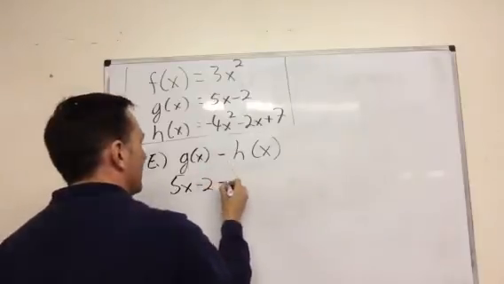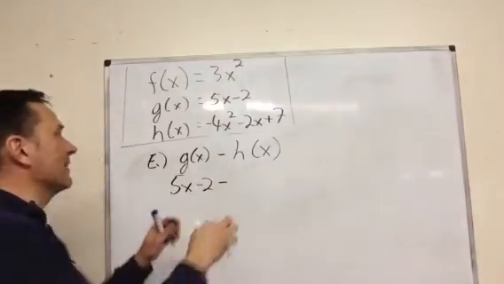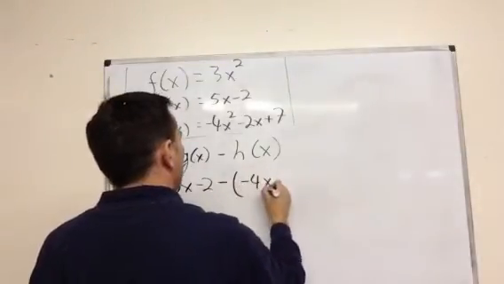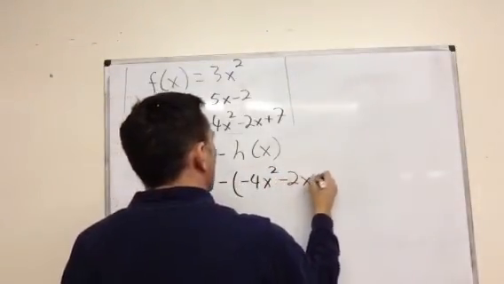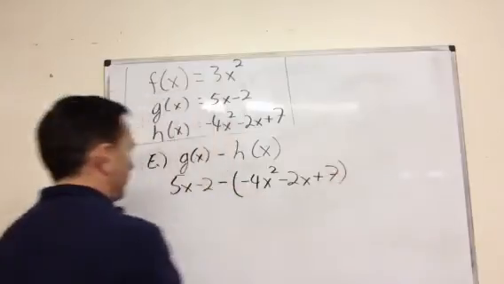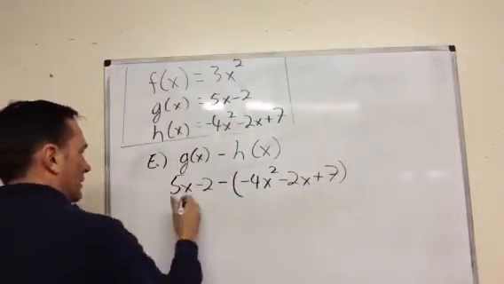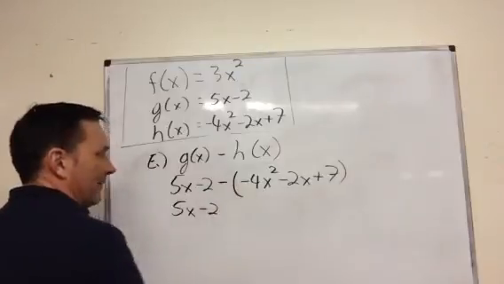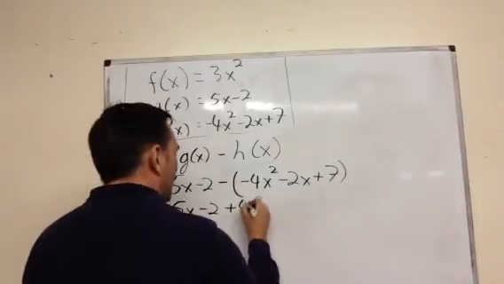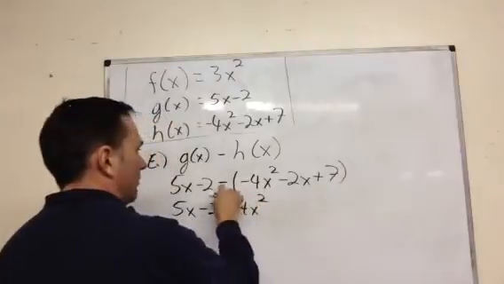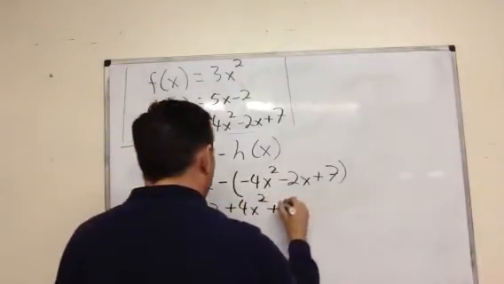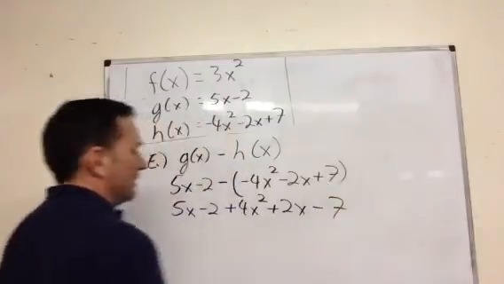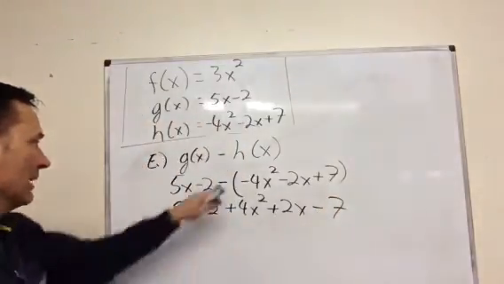I'm subtracting this, so everything here is being subtracted. I'm going to use parentheses to make sure I remember to subtract all of these terms. So I start with 5x minus 2 minus a negative 4x squared, which makes this positive 4x squared. Minus a negative 2x is a positive 2x. Minus a positive 7 is minus 7. I got rid of that subtraction.